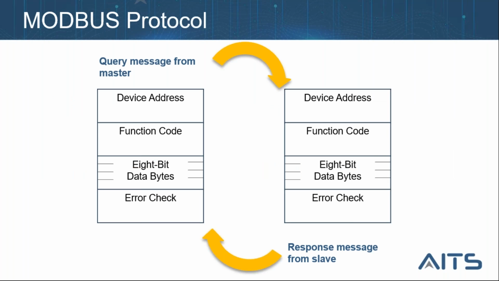The Modbus protocol allows controllers to communicate using a master-slave technique in which only one device, the master, can initiate transactions called queries. The other devices, the slaves, respond by supplying the requested data to the master or by taking the action requested in the query.